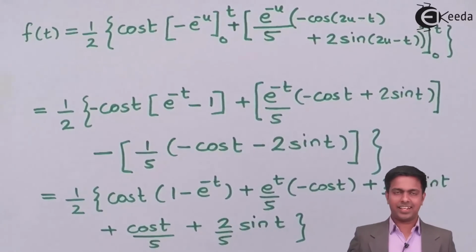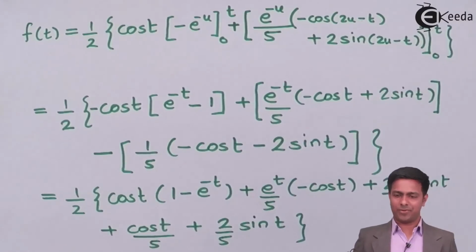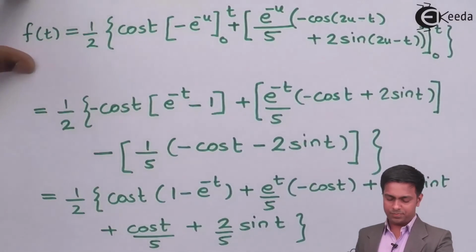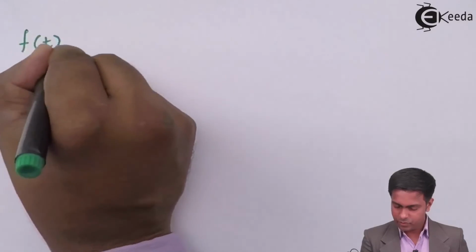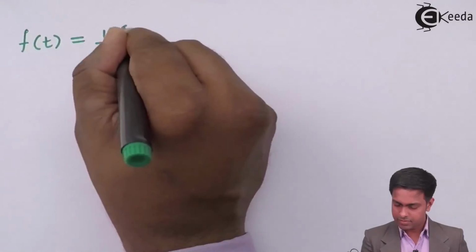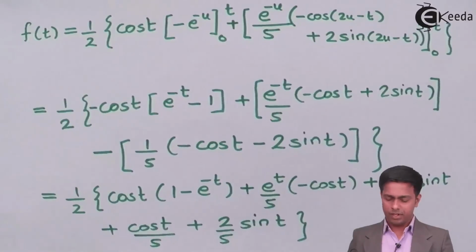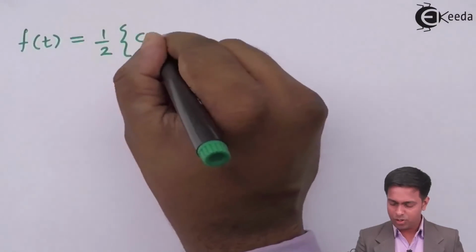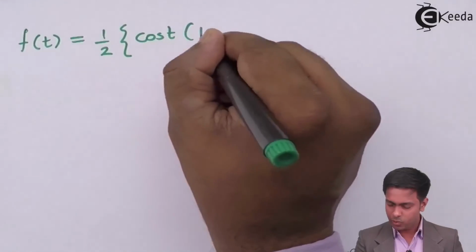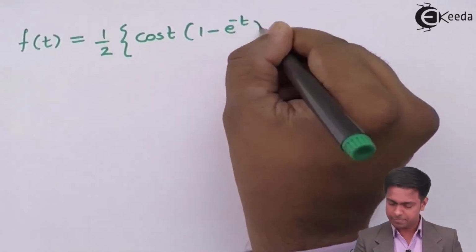Now guys, let's take similar terms together and that will be our answer. So f of t is equal to, half as it is. Now this first term as it is, which is cos of t into 1 minus e to the power minus t.